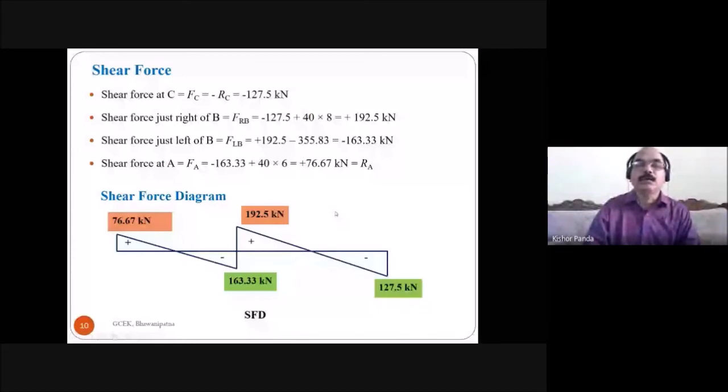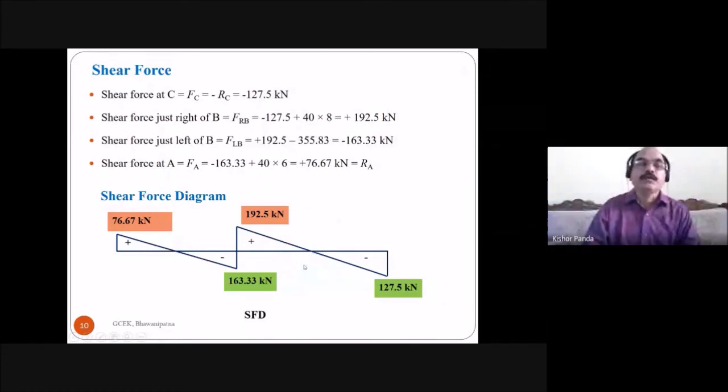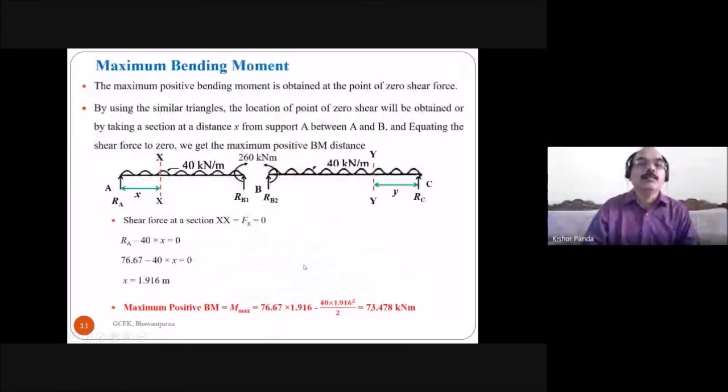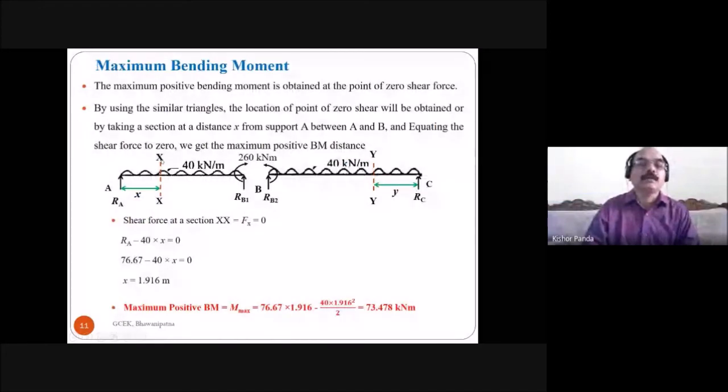You will find the maximum positive moment at that distance. You can find it using the similar triangle, or also by taking the moment at a distance x from the support A and at a distance y from the support C. The maximum positive bending moment is obtained at the point of zero shear force.